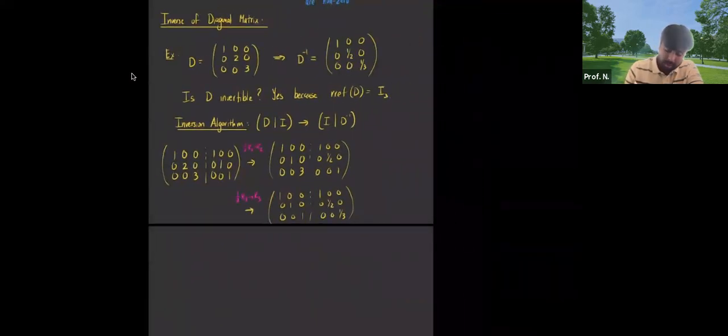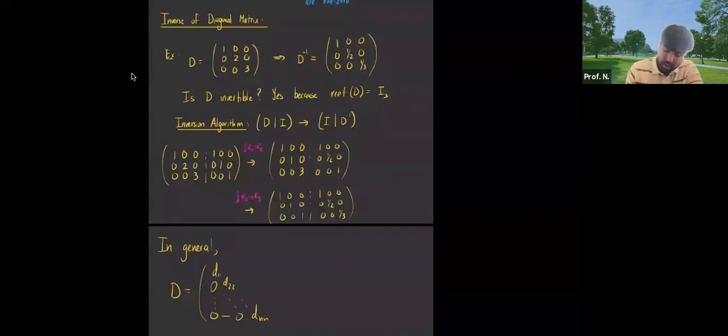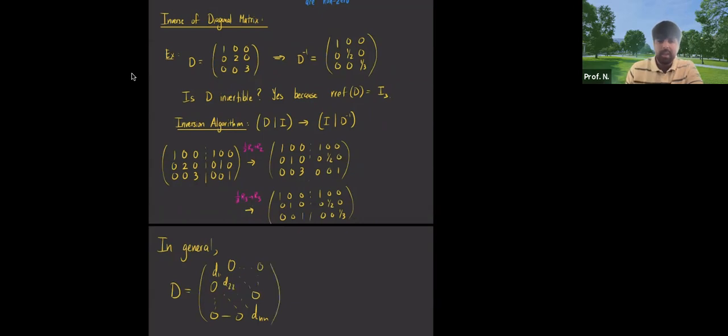So in general, if D is a diagonal matrix, we have zeros all the way across the matrix except for the diagonals.